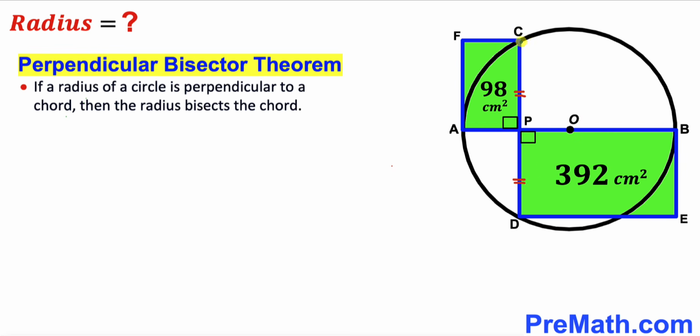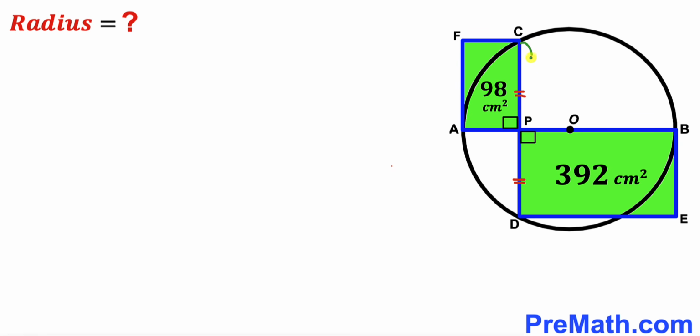In other words, segment CP equals segment DP. If I label this segment CP as x, then DP is x as well. Likewise, I'm going to label this segment AP as lowercase a, and this segment BP as lowercase b.